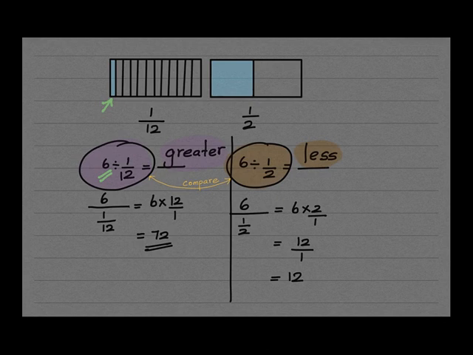When you divide the same number 6 with a bigger value, we get fewer of that half size, right?